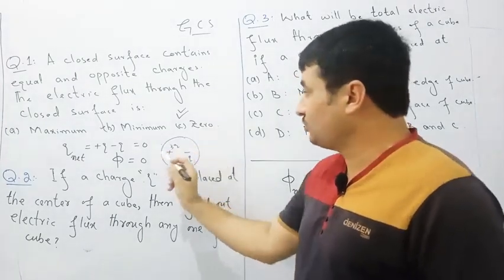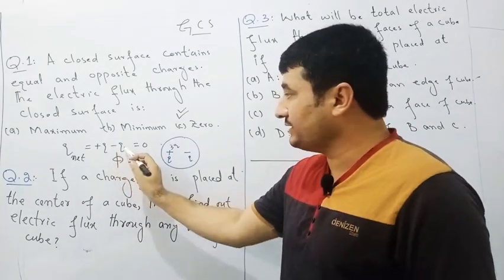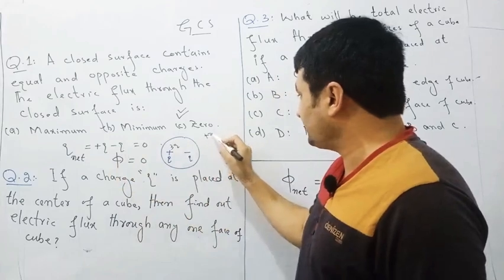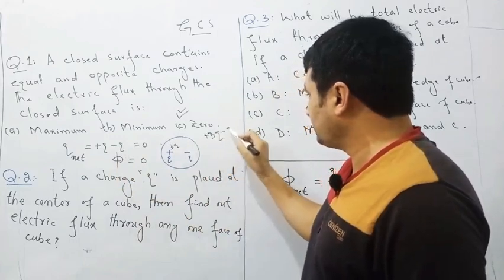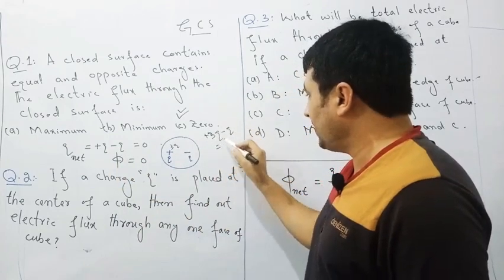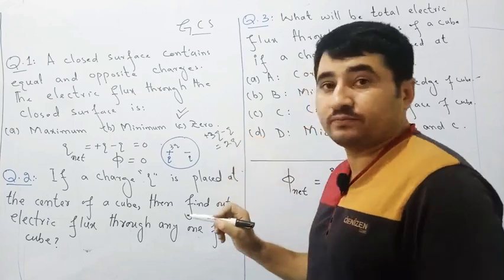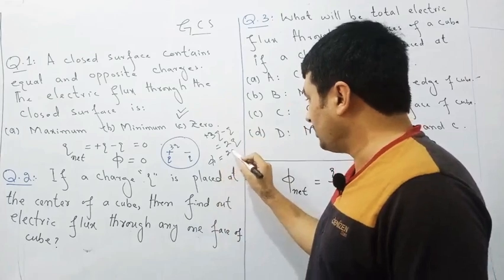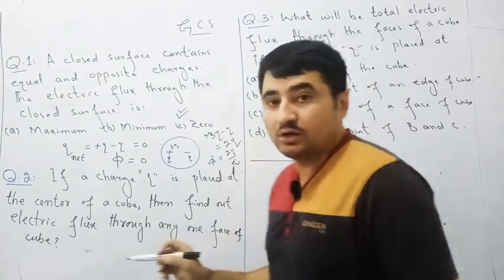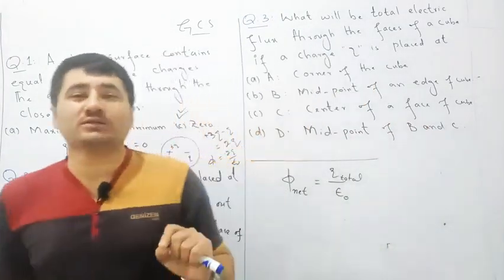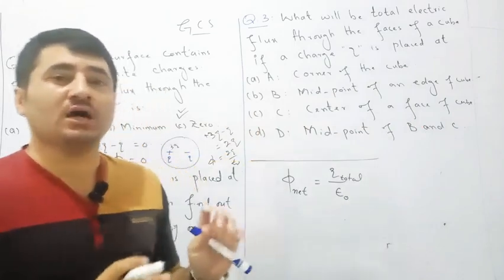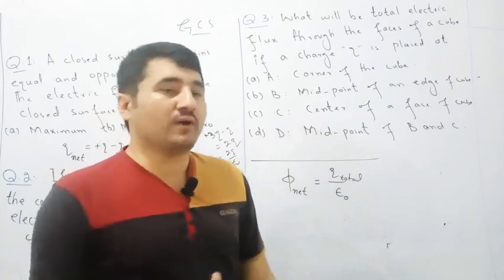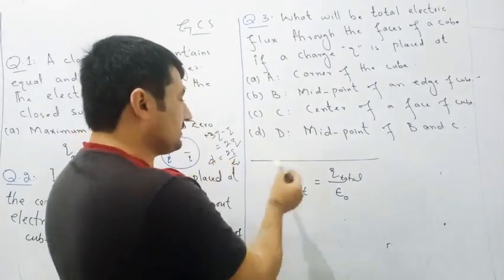The net flux would be 3Q minus Q. So if this is plus 3Q and this is minus Q, the answer will be 2Q. Clear? So net electric flux is total charge enclosed by epsilon naught. Different MCQs can come using Gauss's law. If you know the net charge enclosed, then you can easily find the net electric flux.